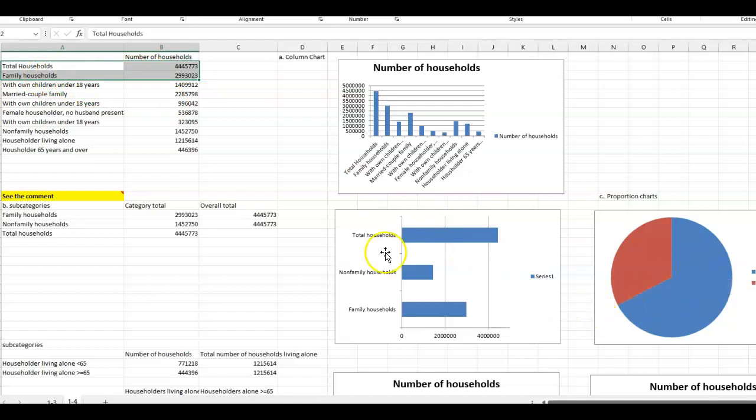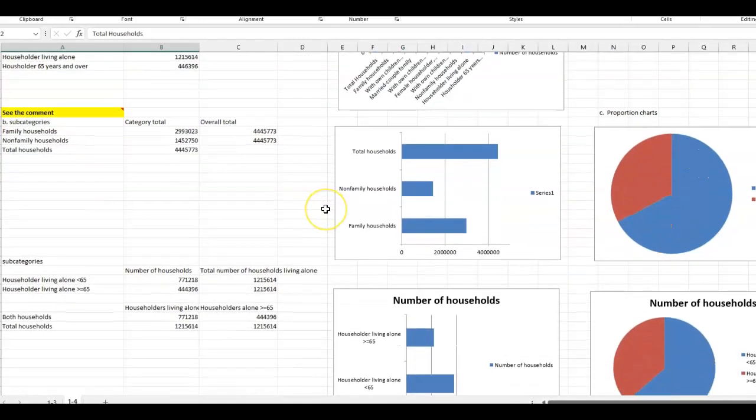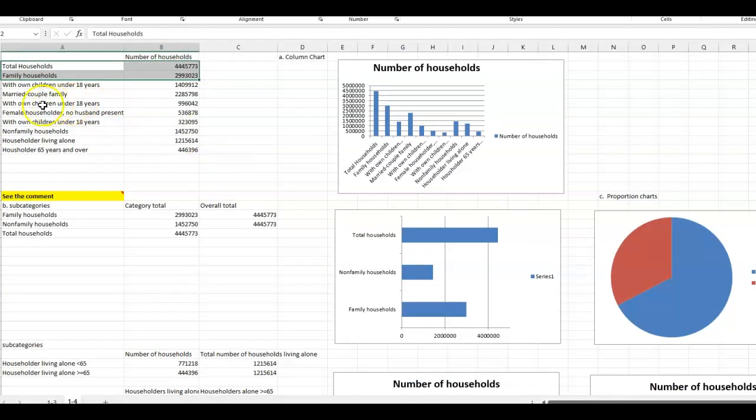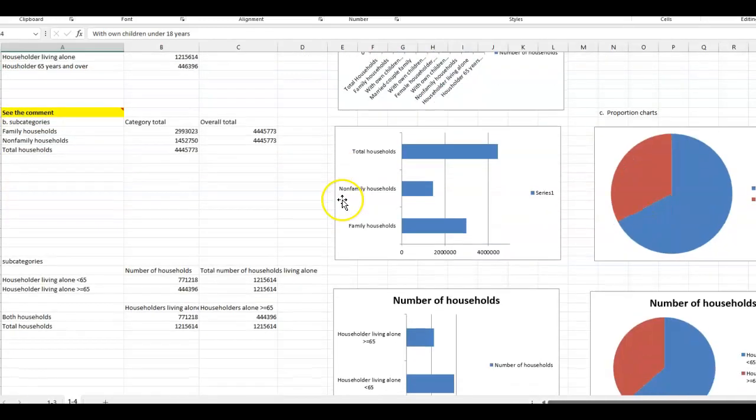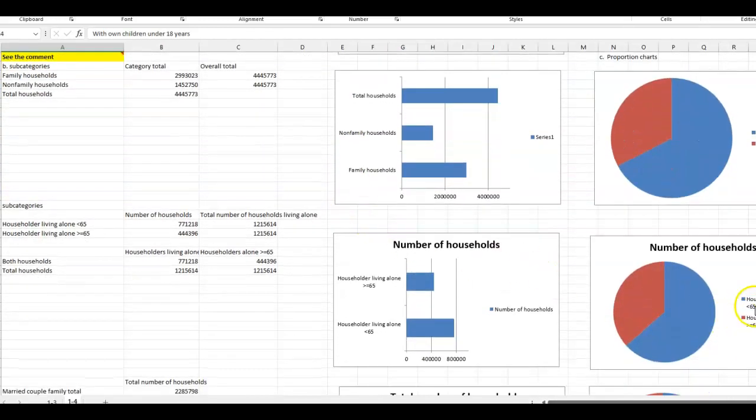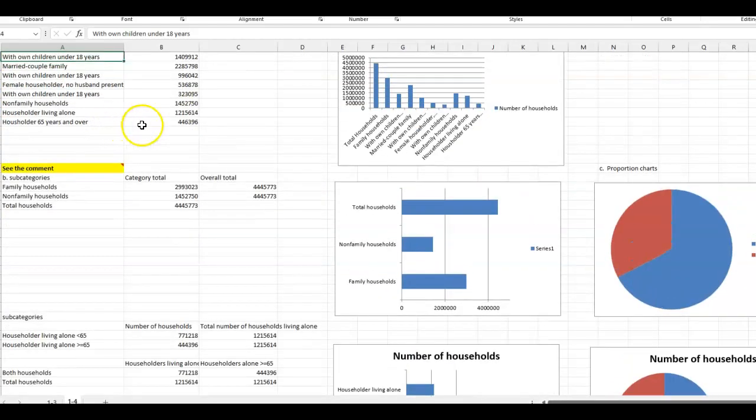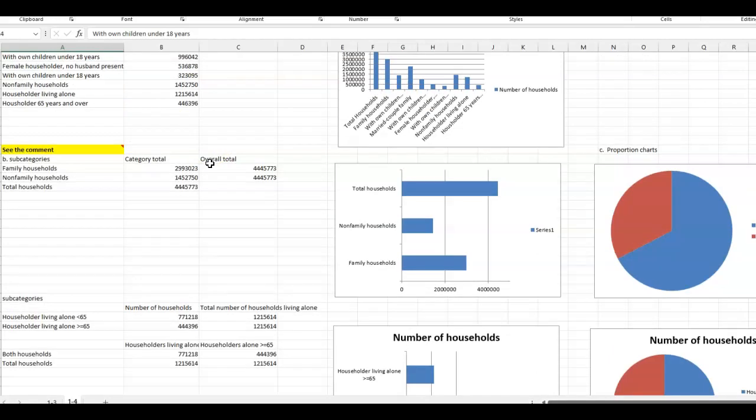That's going to look like this. Then you have households with children under 18. So we're going to look at householders, these are sorted out of order.